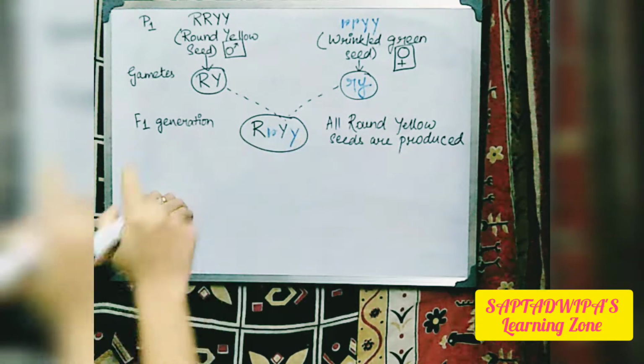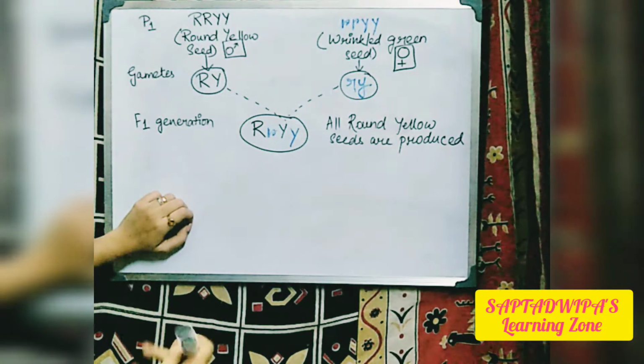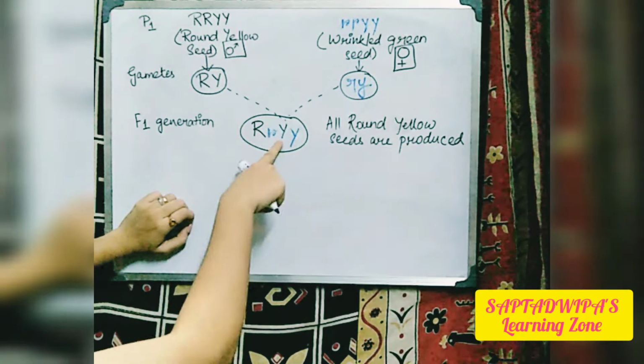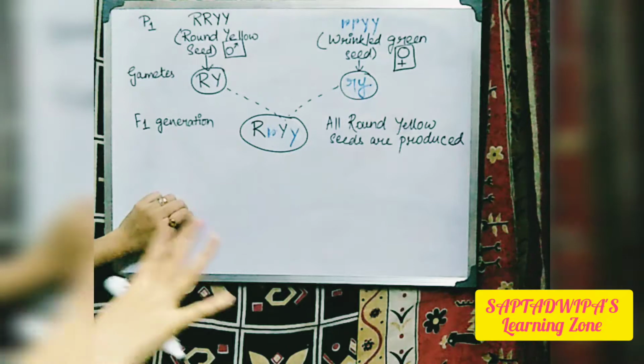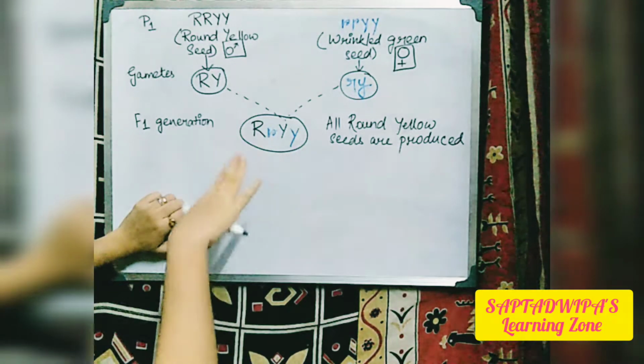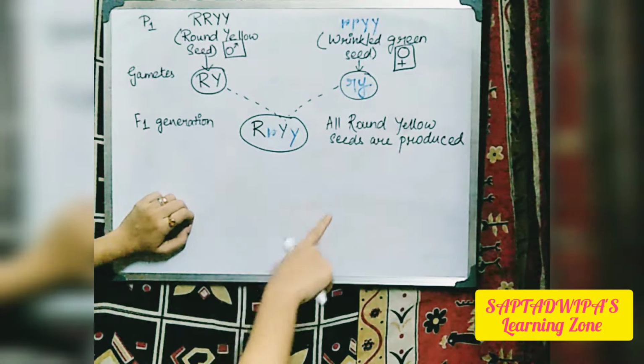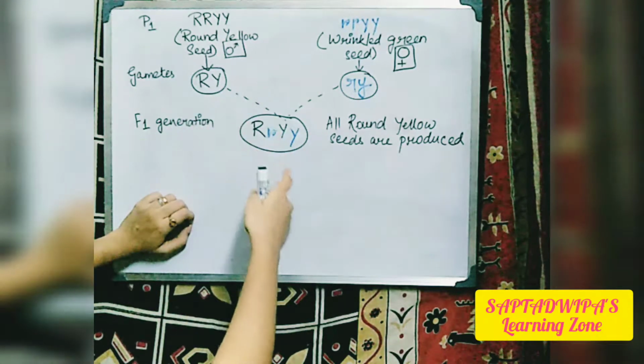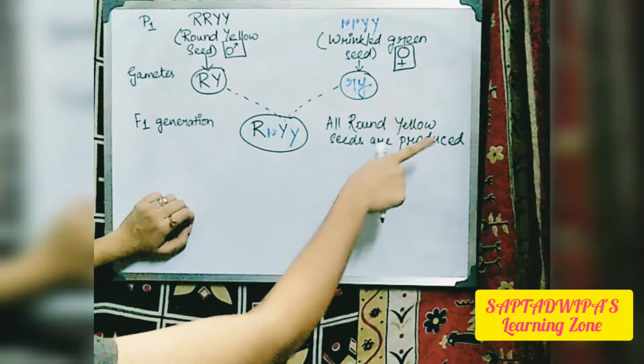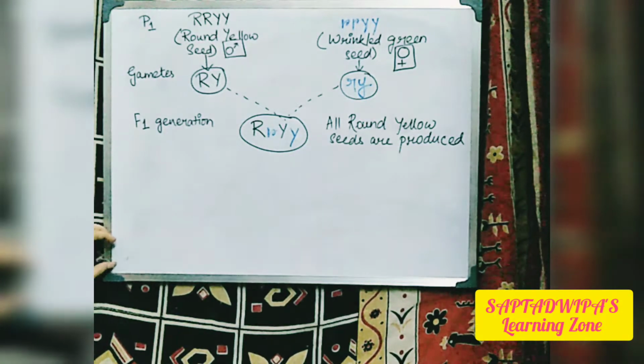So always the dominant one rules. Here capital R, the round shape, and capital Y, the yellow color, are ruling. Therefore all the seeds produced after this cross, known as the first filial generation, are round yellow seeds in nature.